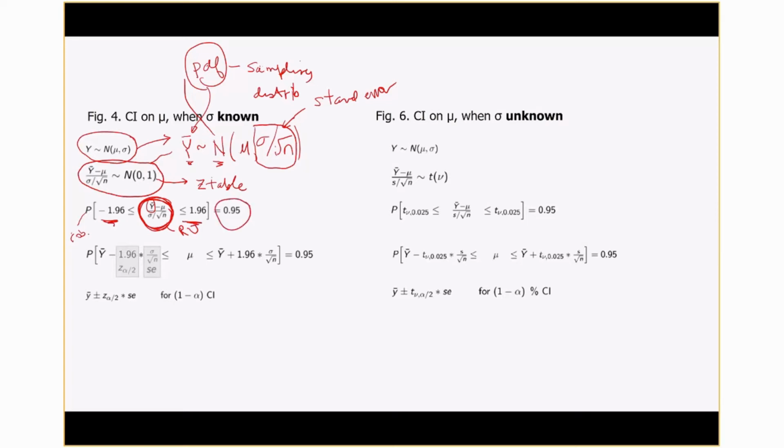And then what we did was we did some dancing around the inequality sign, and we came up with this relationship, that the probability of y bar minus 1.96 times sigma over root n being less than mu being less than y bar plus 1.96 times sigma over root n was equal to 0.95.